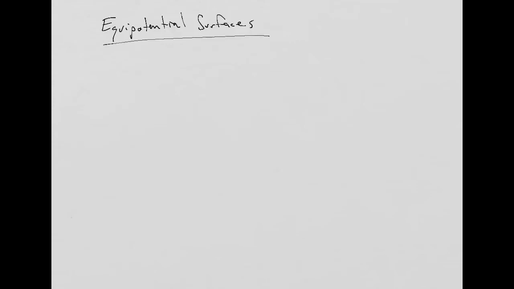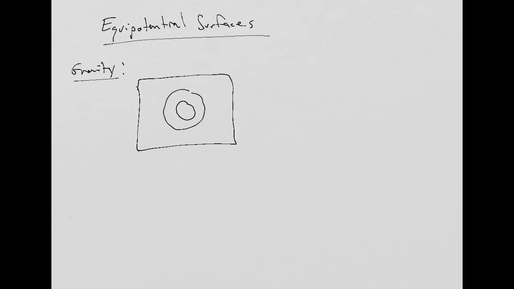So just to refresh your memory on equipotential surfaces, we looked at gravity first. We said with gravity, if you look at a contour map of, let's say, a mountain range, something like this. Okay. Each line represents an elevation.